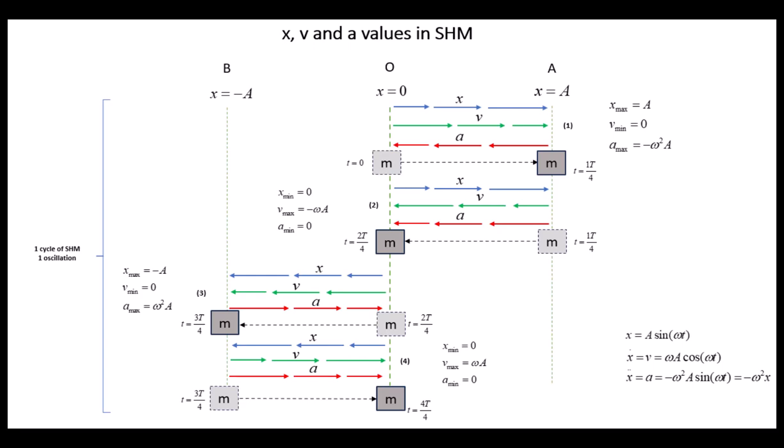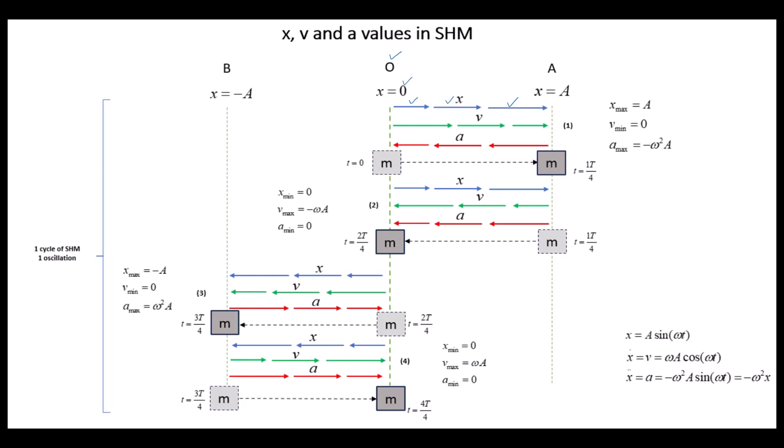As the object is starting from the point O, we see that the displacement at this point will be 0. And as it moves towards the right hand side, we see through these blue arrows that the displacement keeps on increasing. Why?